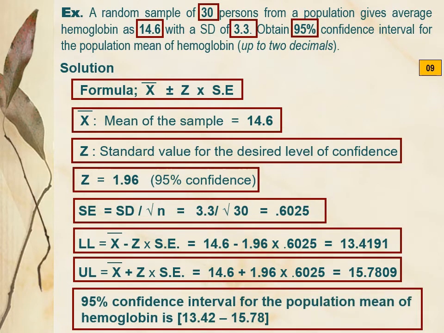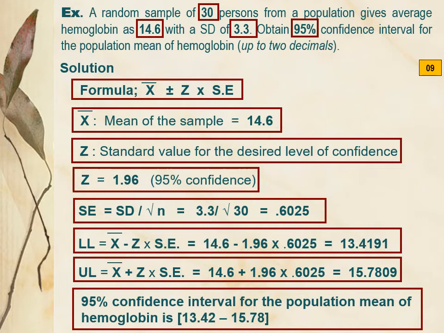You will be writing the final statement as: the 95% confidence interval for the population mean of hemoglobin is 13.42 to 15.78. Okay, what does this statement mean?